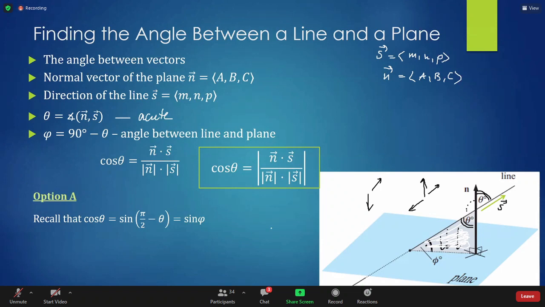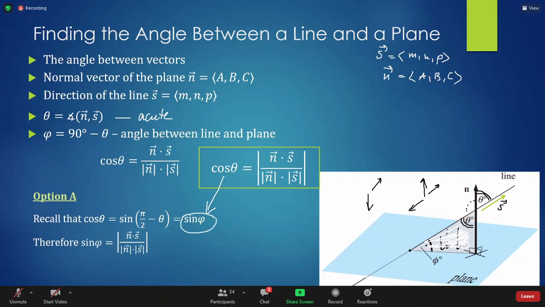So in principle, this cosine is actually the sine of the angle that we need. And therefore, we could simply remember that the angle between a line and the plane is found as the angle between two vectors, only not the cosine, but the sine of this angle. So one approach would be we do the normal thing that we are used to doing when we are finding the angle between two vectors, only we understand that this will be the sine, not the cosine of the angle we seek.